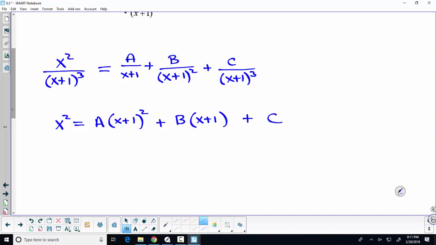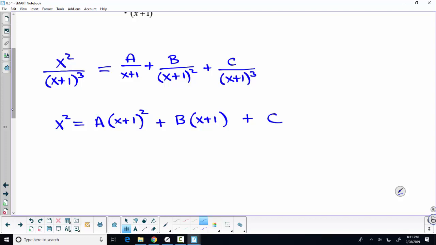So the issue with the short way, the easy way, is that if we let x be negative 1, it's going to get rid of the A and the B. It will allow us to solve for C, but that doesn't help us in solving for A and B. Why wouldn't B be B times (x+1) cubed?